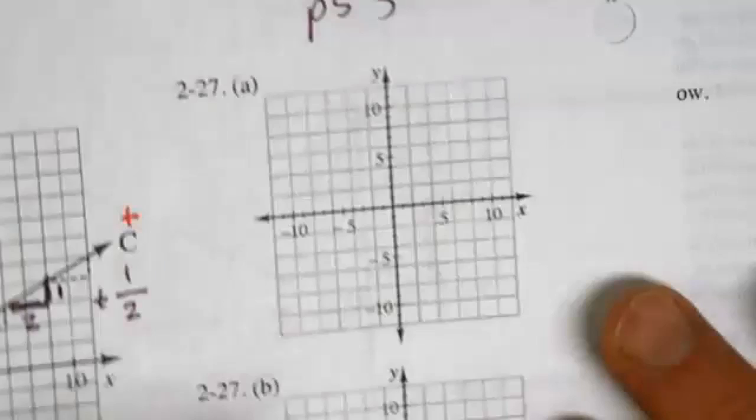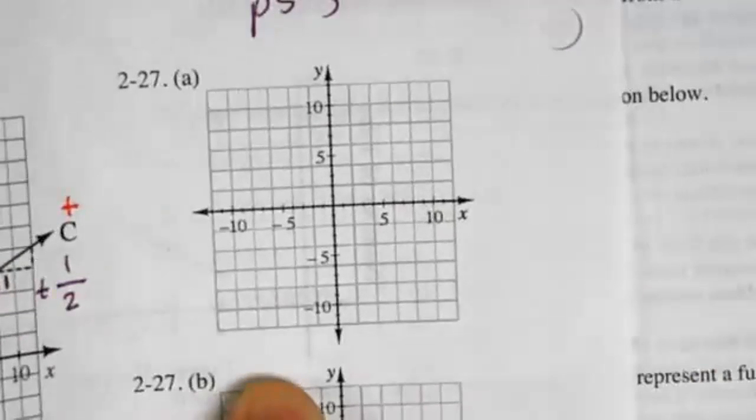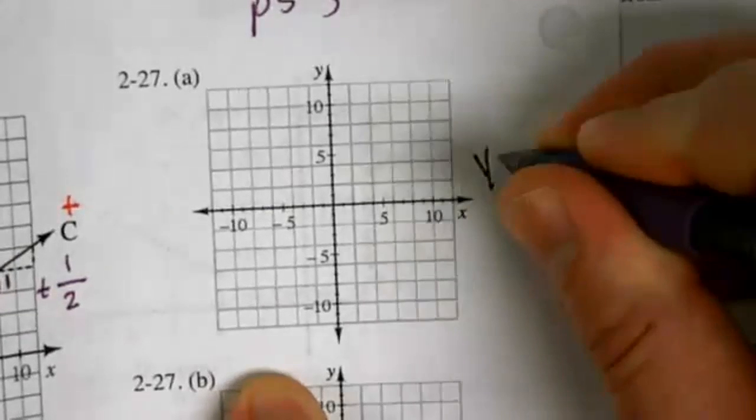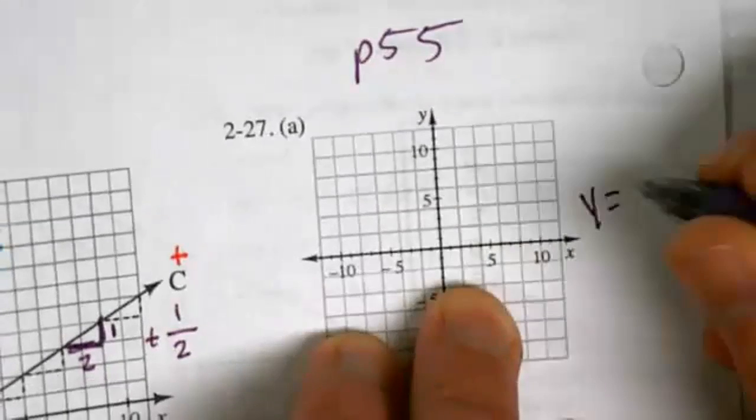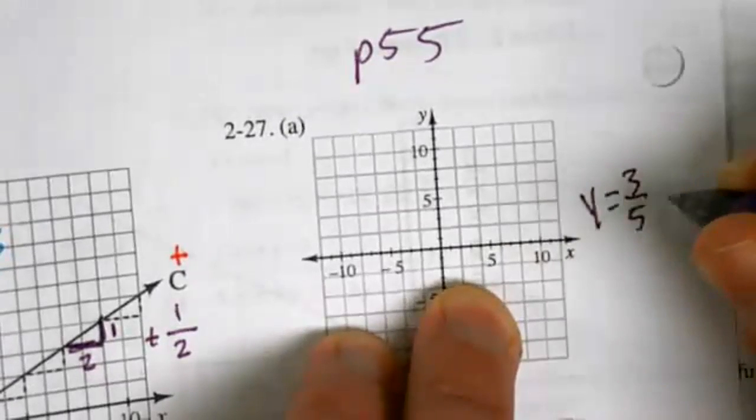So I can't put both of these on the screen at the same time, so let's go ahead and write the important information. For part A, they told us they wanted to match the equation y equals 3 over 5x minus 1.